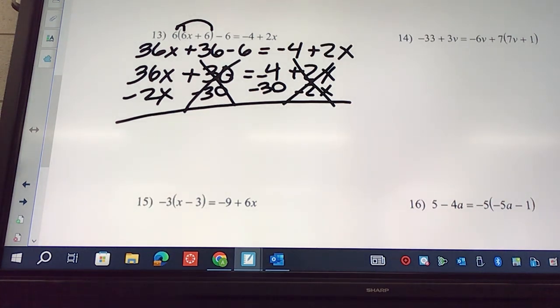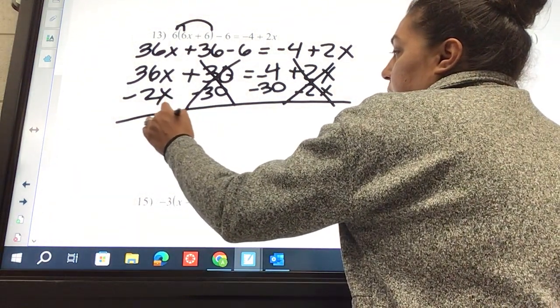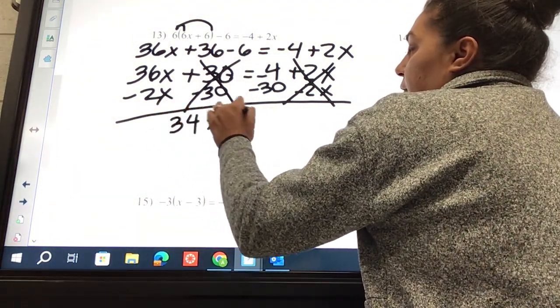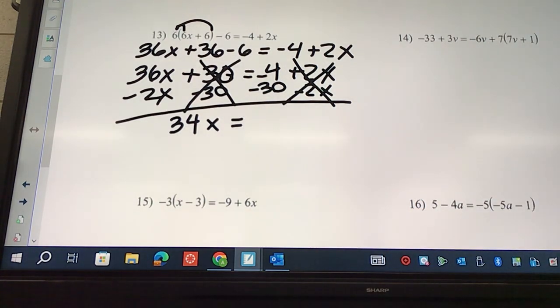Okay, 36 minus 2? 34. And negative 4 minus 30? You got it, Howie. What is it? Negative 4 minus 30. 26. Nope. Oh, I forgot that both of them are negatives. 34, my bad.